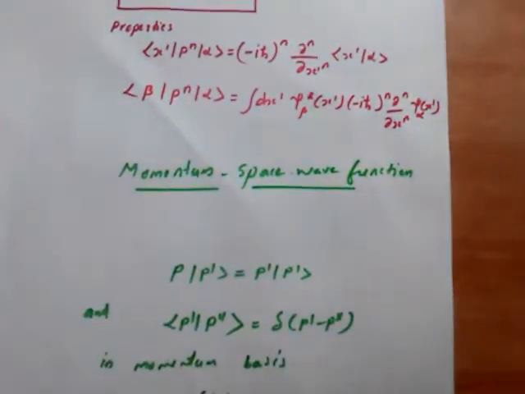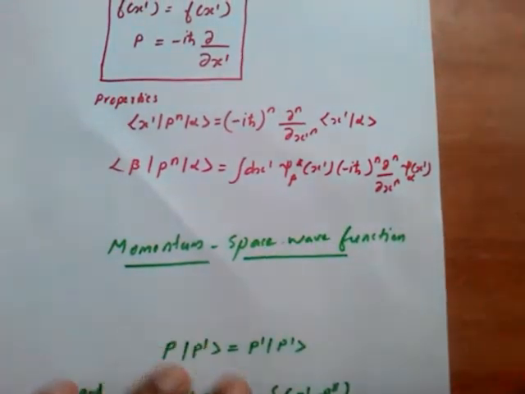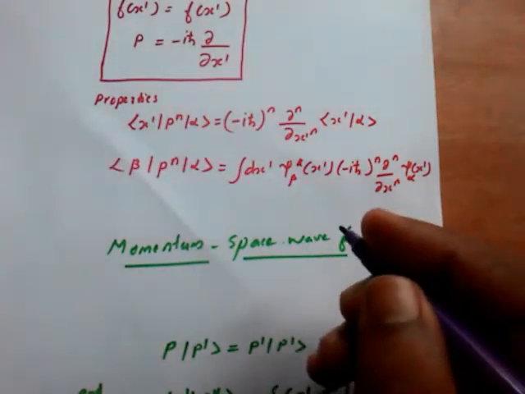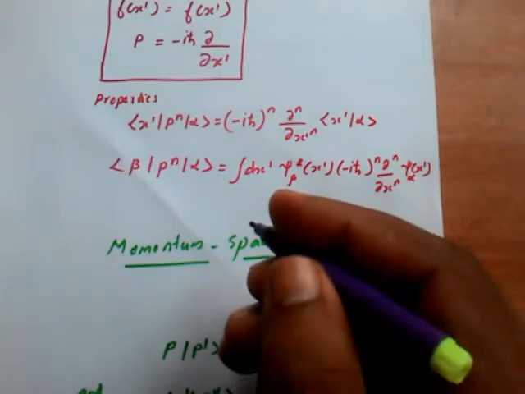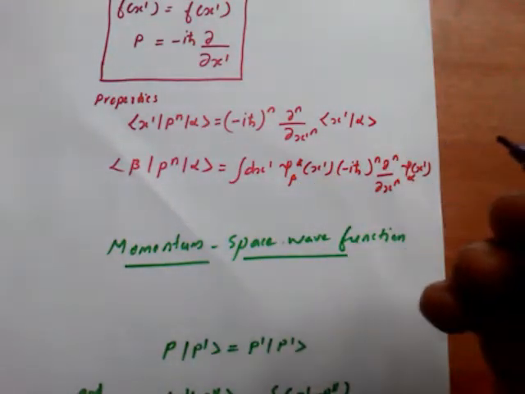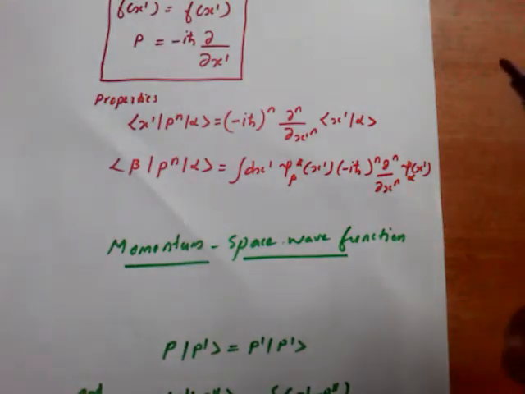Okay, and we have discussed position space wave function. We told earlier that there are two wave functions, position space wave function and momentum space wave function.